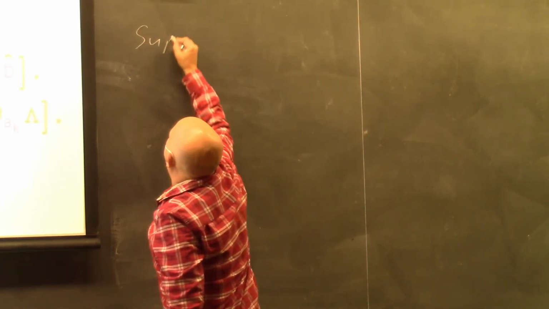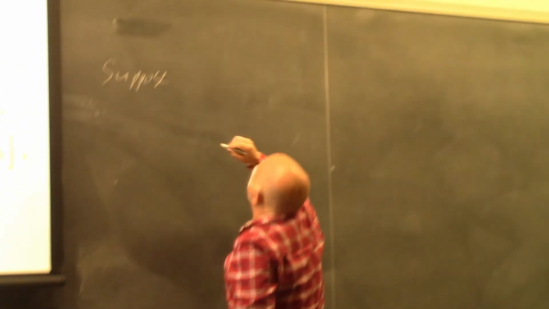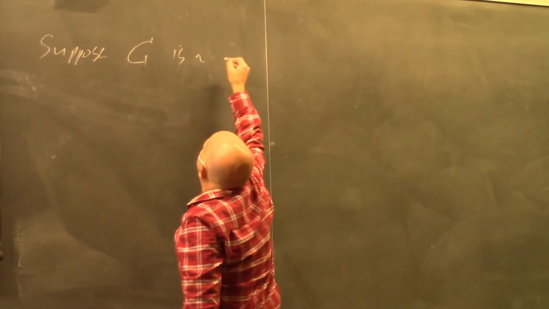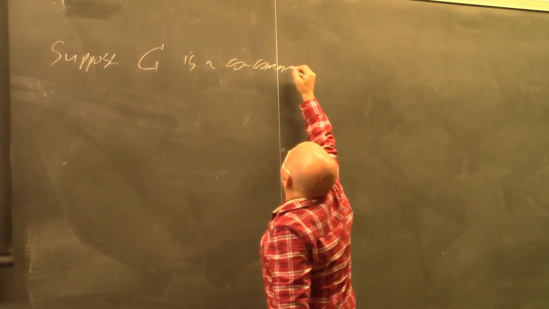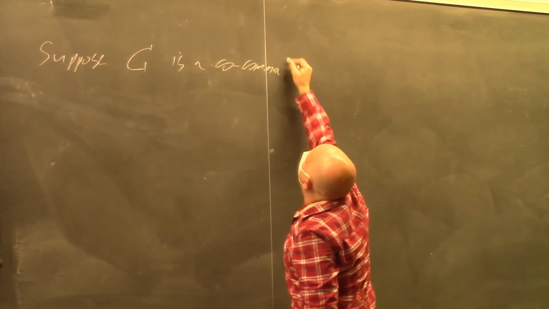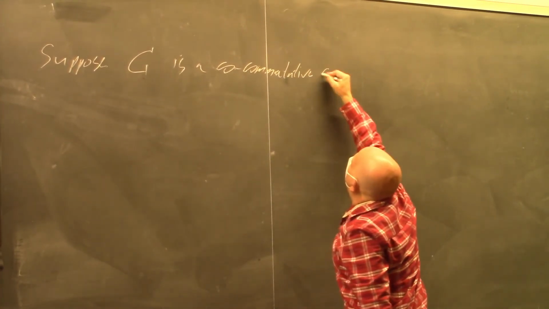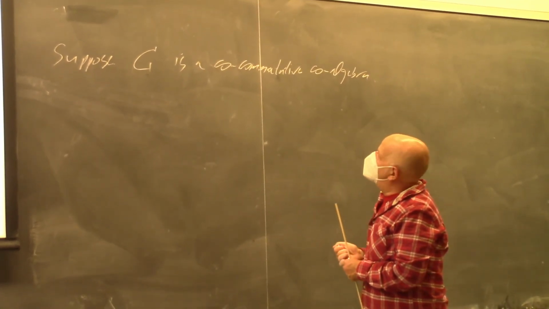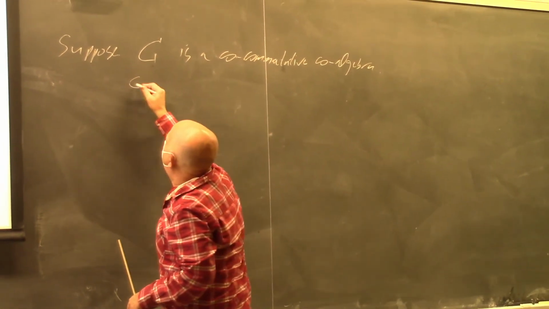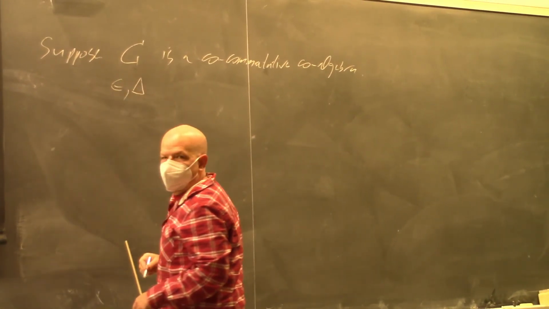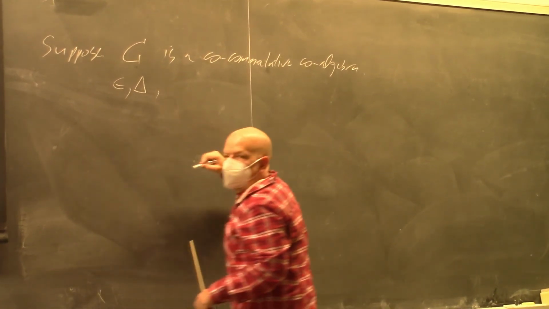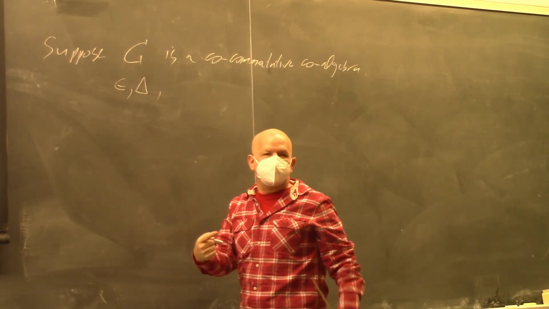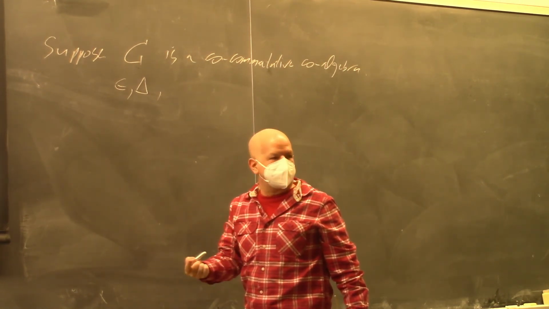So suppose C is a co-commutative coalgebra. So coalgebra means that it has epsilon and a coproduct, and co-commutative means the dual property of commutative.